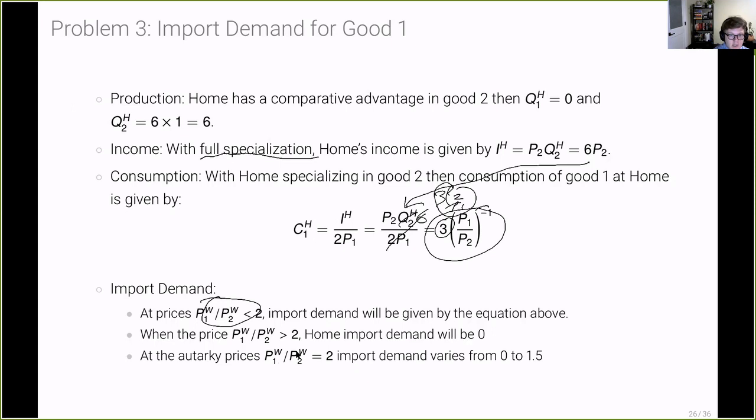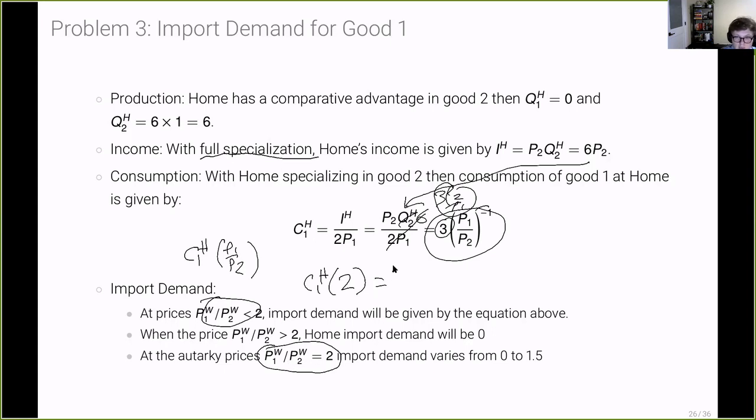And so the only corner case that we need to think about is what home's import demand is going to be when we're in autarky and have prices as given in autarky. So the way to think about this is, let's think about home's consumption of good 1 as a function of P1 over P2. And so let's think about what home's consumption is when we have a relative price of good 1 equal to 2.